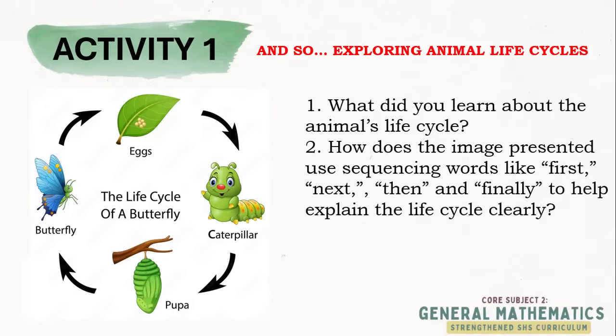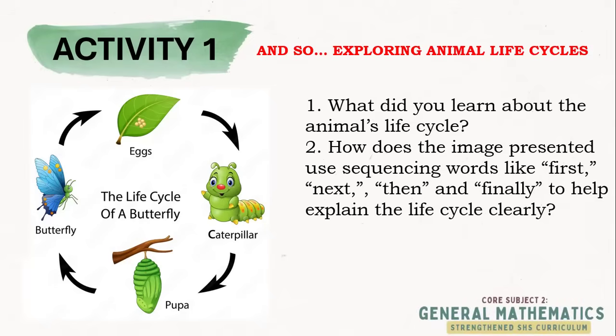Number 2: How does the image use sequencing words like first, next, then, and finally to help explain the life cycle? Using sequencing words shows the correct order of each stage.